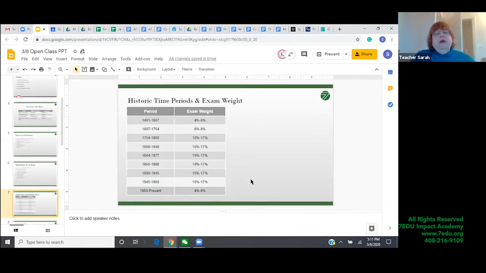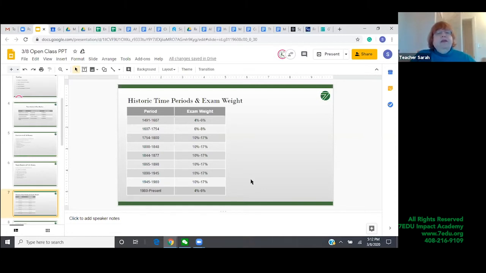Now the historical time periods, they have 1491 to 1607. That only counts for 4 to 6% of your test. So you have to know things like the Columbian Exchange and all that, but it's not as in depth and fact driven as the other sections.